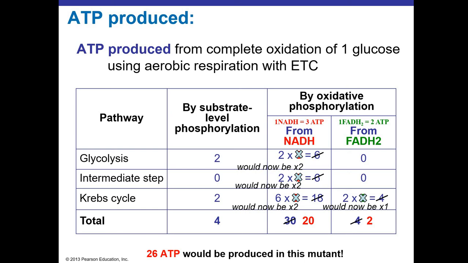So that means that the exchange rate really is just 1, and so we're only going to get 2 ATP from the FADH2 that goes through the electron transport chain in this mutant. So for this theoretical mutant, it would only be able to generate 26 ATP, and obviously this might not be a viable mutation, but it's a fun way to think about the electron transport chain.